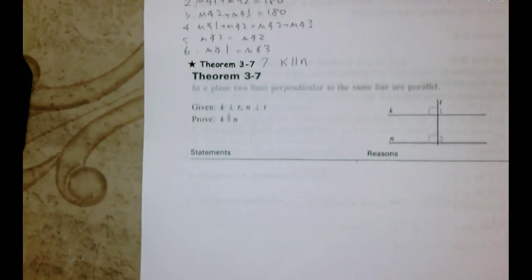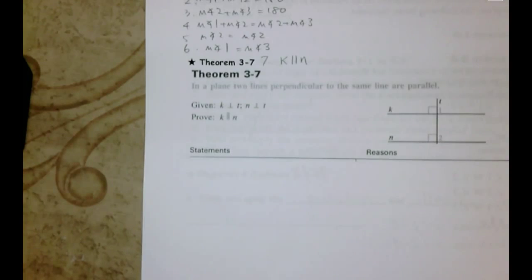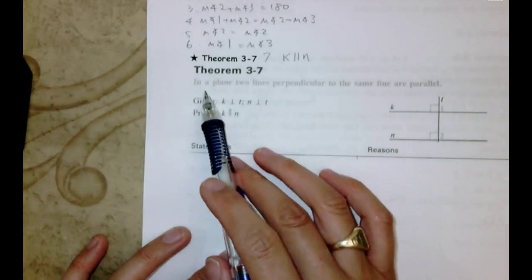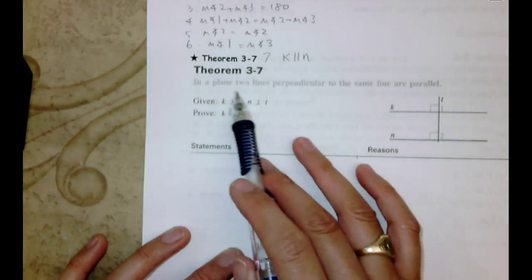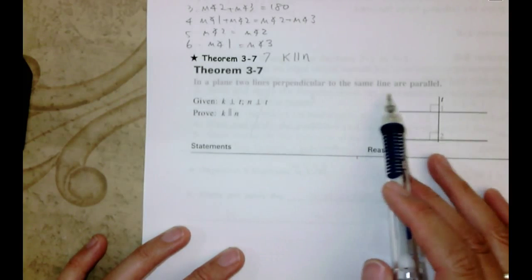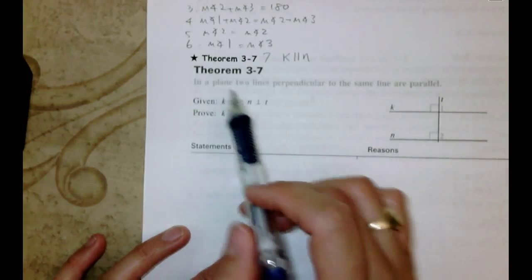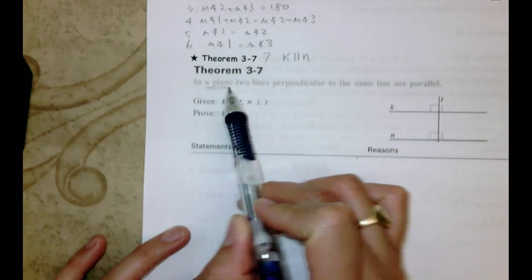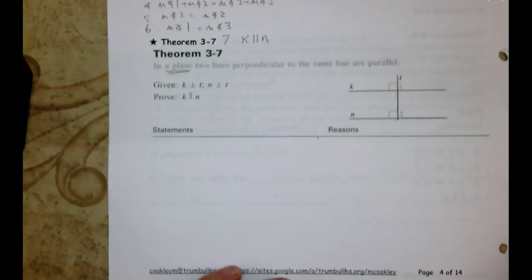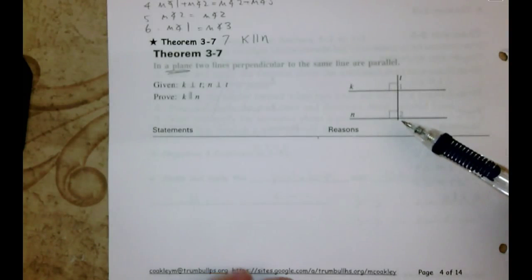Okay, and theorem 3.7. In a plane, two lines perpendicular to the same line are parallel. In the plane, you remember, if it's 3D, they can all be perpendicular, right? But in the plane, two lines perpendicular to the same line are parallel.